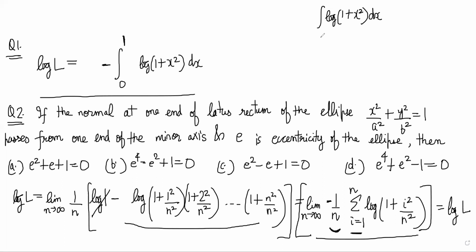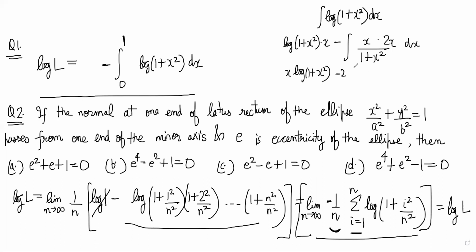We have to integrate by parts. By parts is the way to integrate. Take this as the first function, into x, then minus the integral. And you get x log 1 plus x square minus 2 times x square by 1 plus x square, which is 1 minus 1 by 1 plus x square.